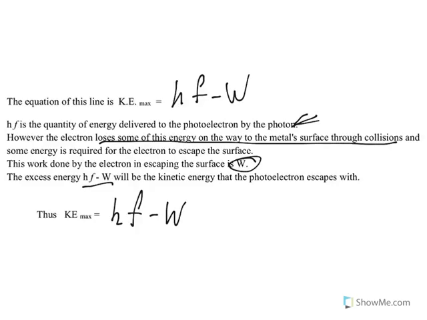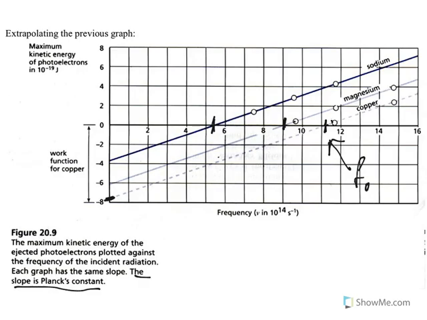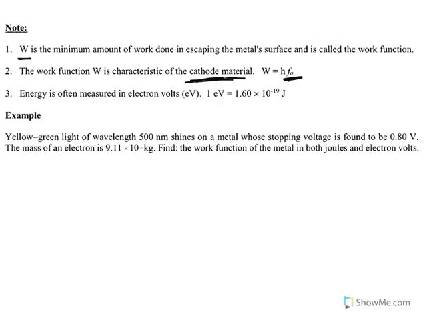Just to remind you, f0 is here, wherever the line crosses the frequency axis. Also, don't forget that sometimes we measure in electron volts, because it's easier when talking about numbers, as we don't have to worry about these massive powers of 10. And don't forget that's your conversion.